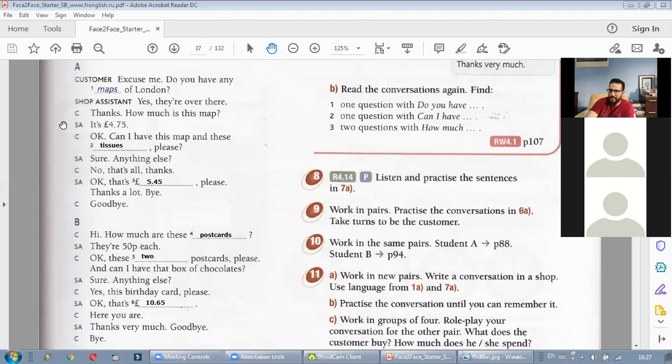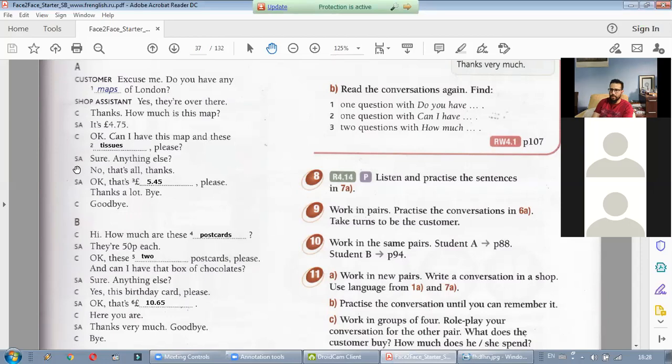How much is this map? Okay. It's £4.75. Okay. Can I have this map and these tissues? الكلمة هذه tissues اللي هي الكلينكس. معناها حتقولي can I have this map and these tissues please. Sure. Anything else? Okay.